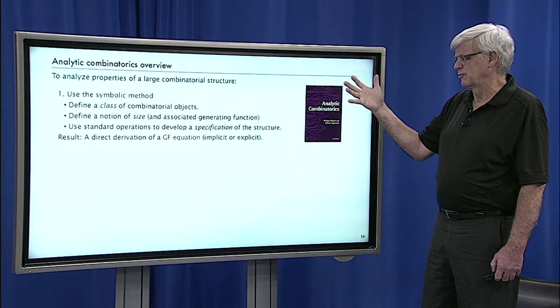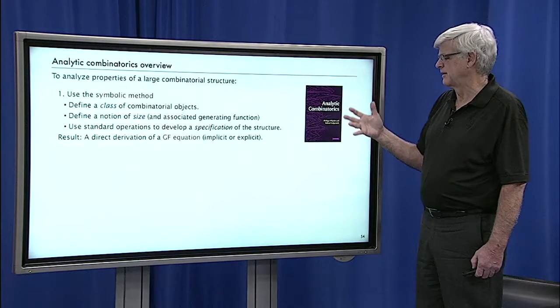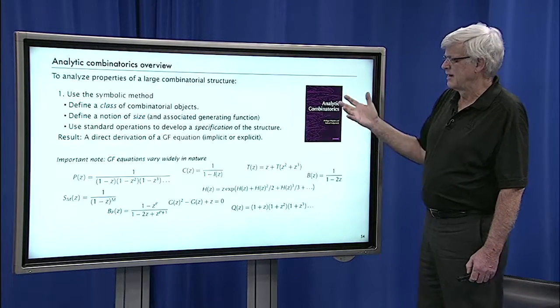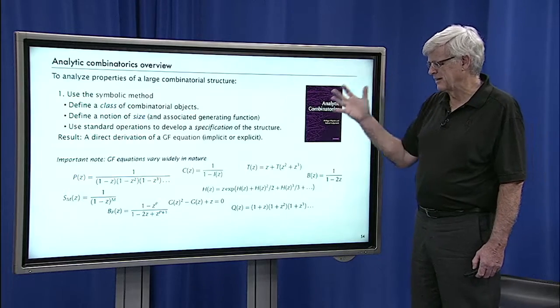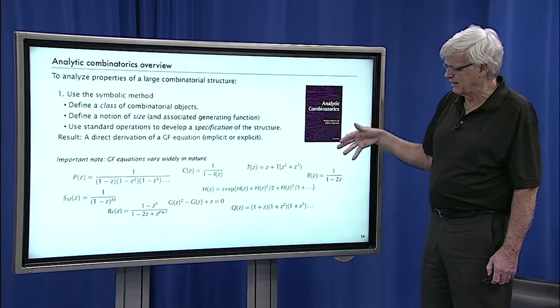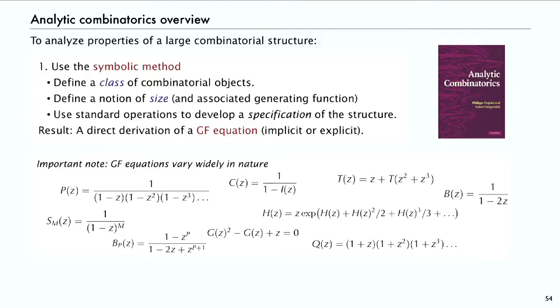So just want to finish with the overview that I started with, that we use the symbolic method to get generating functions, and I just want to point out that we get generating function equations that vary widely in nature. We have all these strange types of equations that arise when we use the symbolic method, and many more.